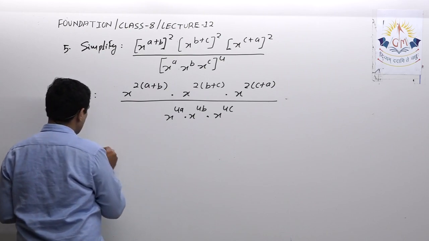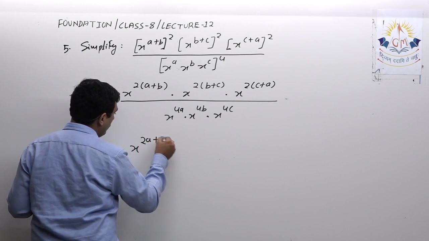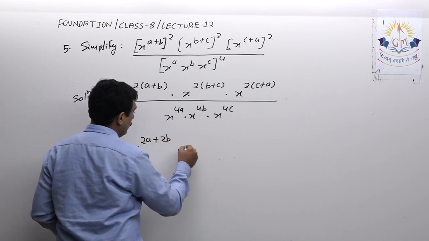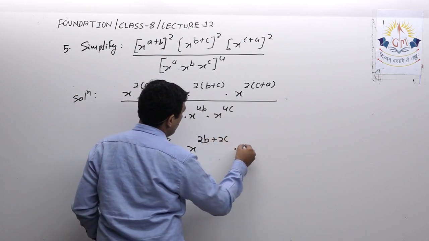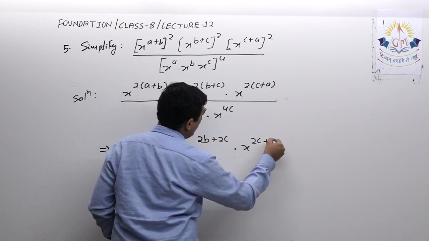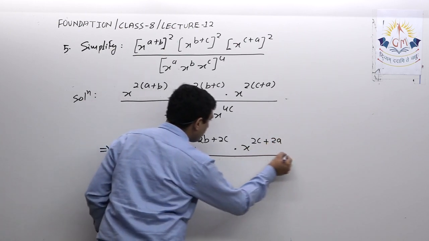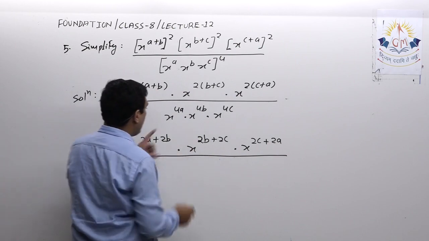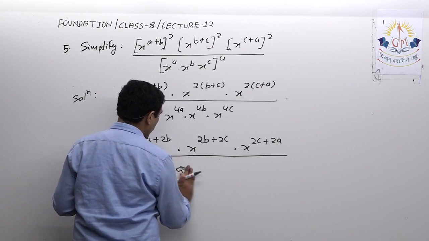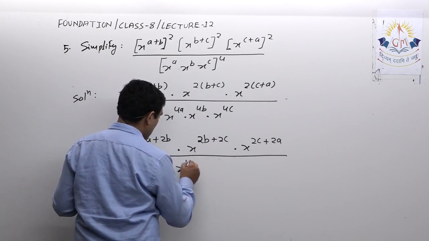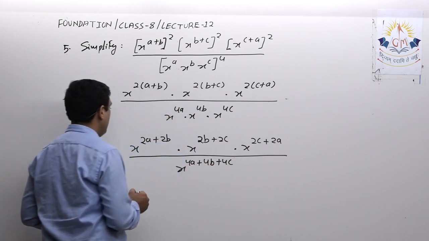Okay, now here I'll multiply this, so x raised to 2a plus 2b into x raised to 2b plus 2c into x raised to 2c plus 2a, divided by, here I can apply the product law, so this will become x raised to 4a plus 4b plus 4c.